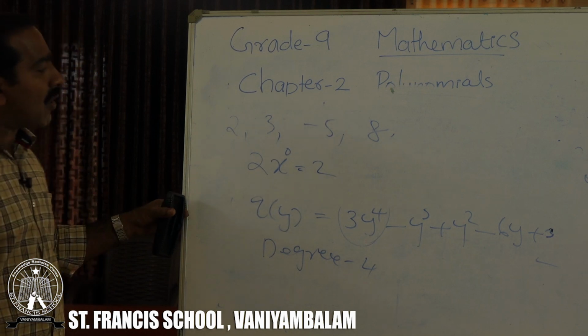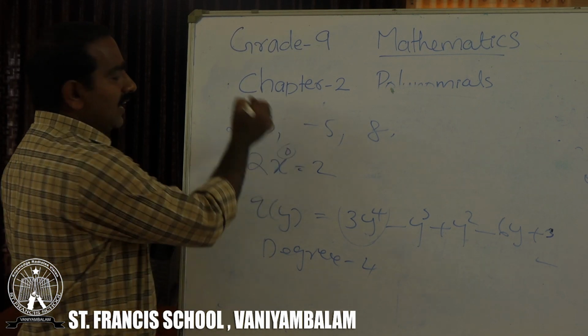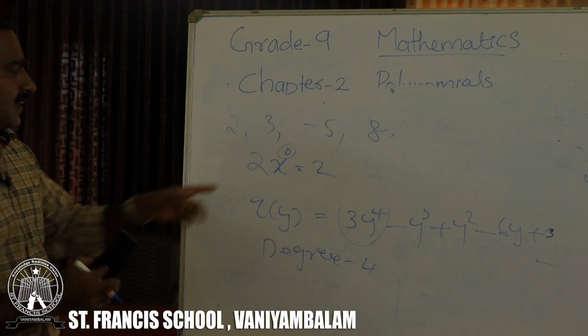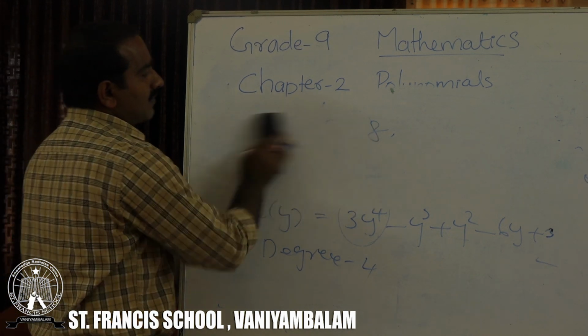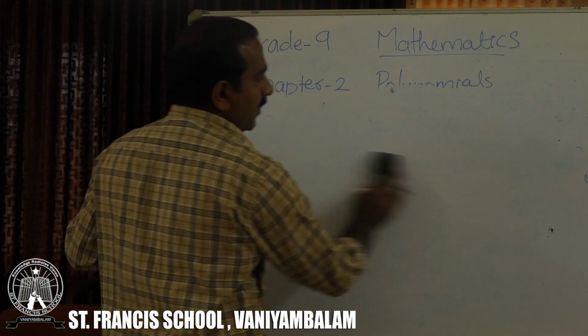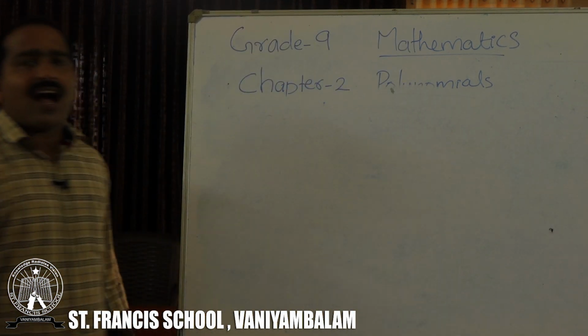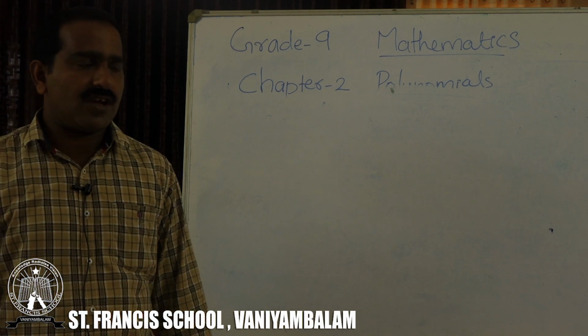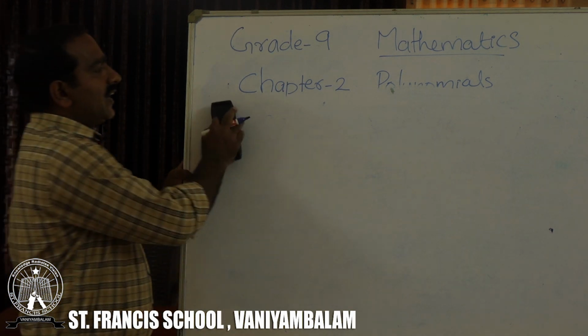So the degree of a constant polynomial is 0. So what is the degree of a polynomial? It is the highest value of the exponent.